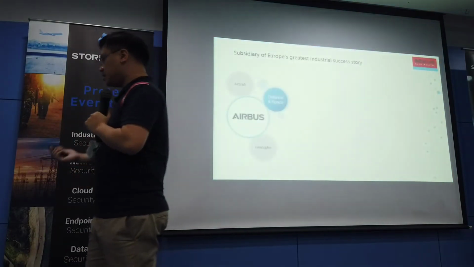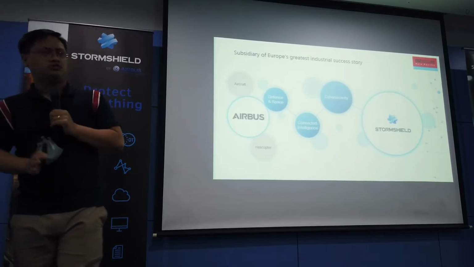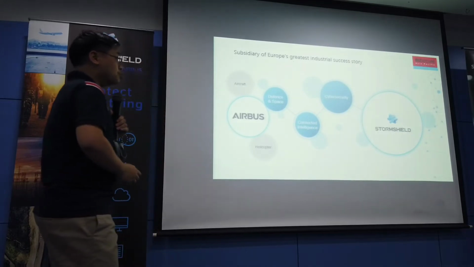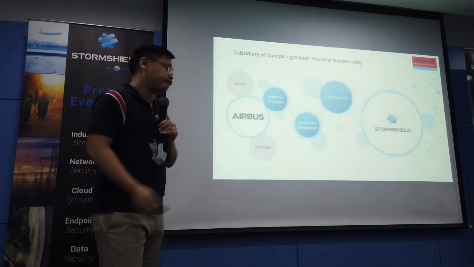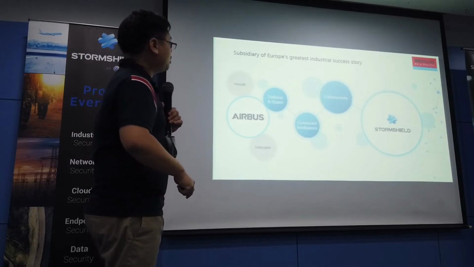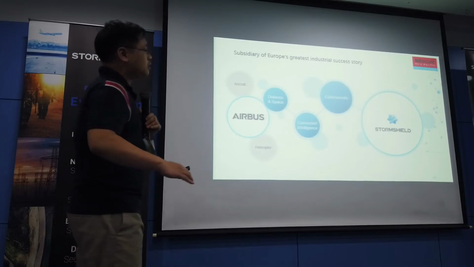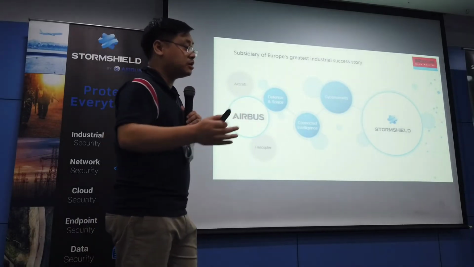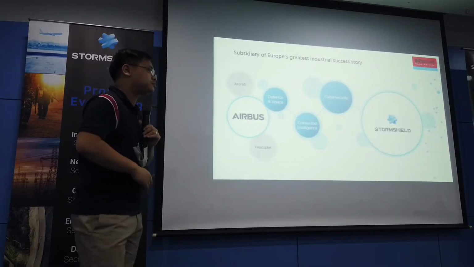So for Stormshield and SecLab, first Stormshield. To make it short, who is Stormshield? Stormshield is a wholly owned subsidiary of Airbus. So you know Airbus, the planes, very well known. Airbus has a lot of different things, but they have a cybersecurity part, and Stormshield comes from there.